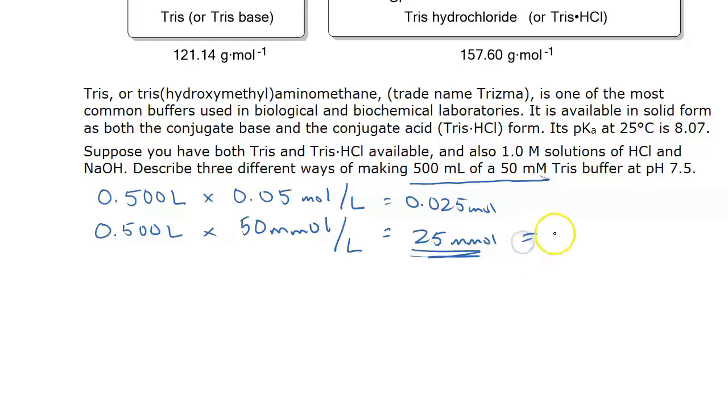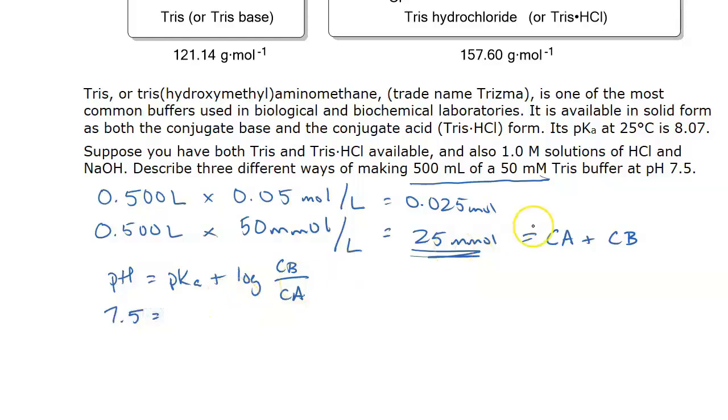So I'm going to set that equal to the conjugate acid plus the conjugate base, and then I'm going to use the Henderson-Hasselbalch equation in this form. And that will allow me to solve for the ratio of conjugate base to conjugate acid. So the pH that's desired is 7.5.